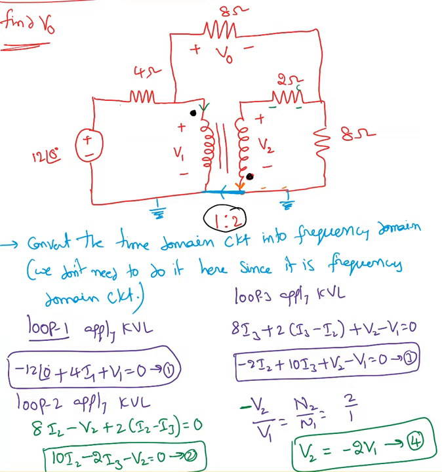Now assign the loop current. So I'm going to assign, here is my loop 1. I'm going to take this as I1, and loop 2 my I2, and loop 3 I3. Okay, this is my I3. Sometimes you might not have this wire right there, but that's okay.